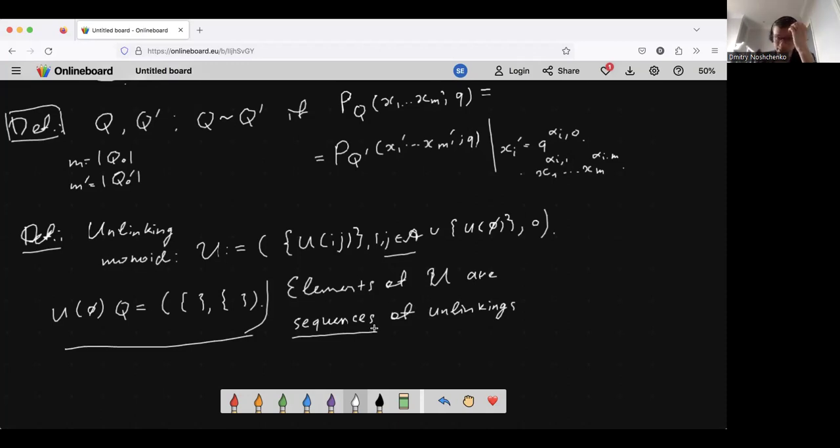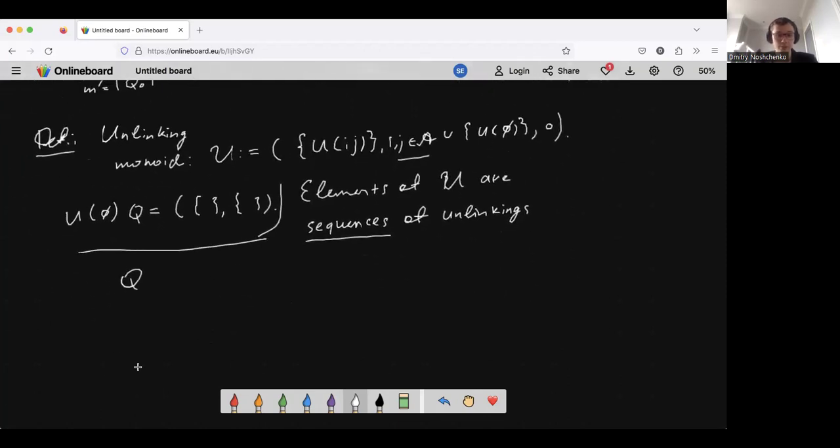So from now on, let's consider Q to be generic. All quivers that we consider will be completely generic, and we're only interested in the structure of unlinking operations, not in the structure of particular quivers.